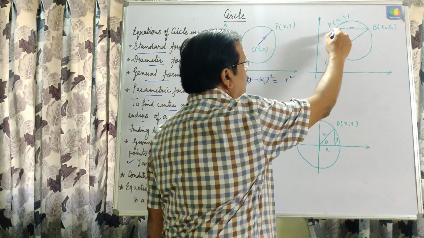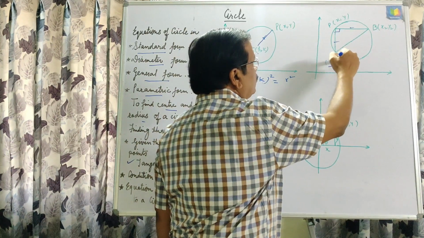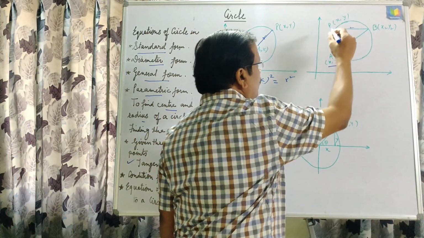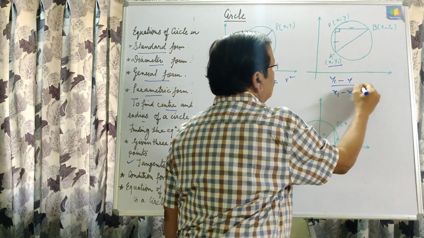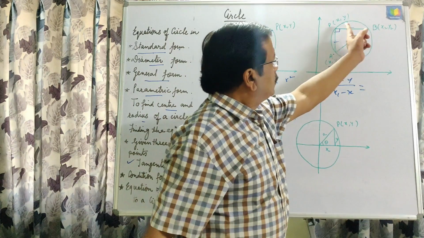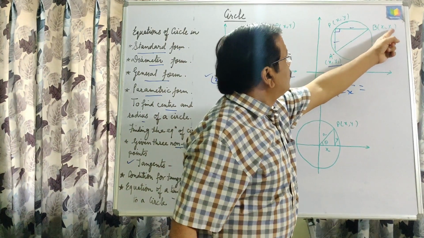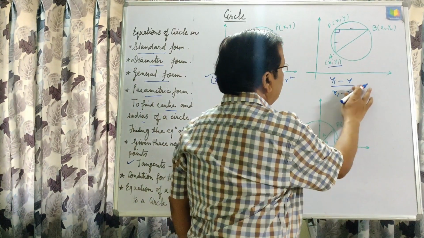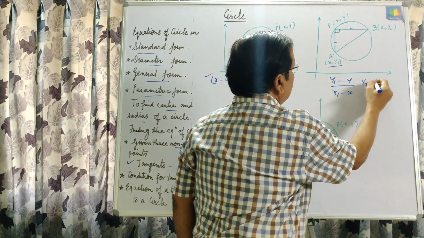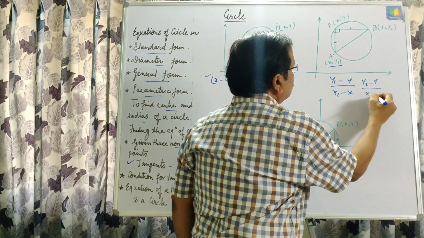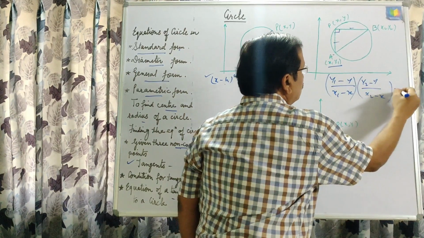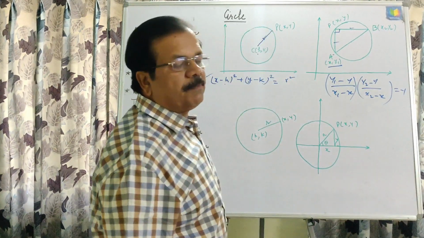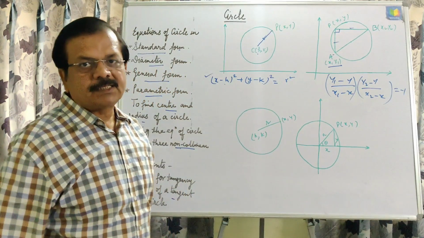How can we find slope of this line? That is (y2 minus y1) upon (x2 minus x1) is equal to slope of this line, and the other slope is (y minus y1) upon (x minus x1), and both after multiplication will be minus 1.